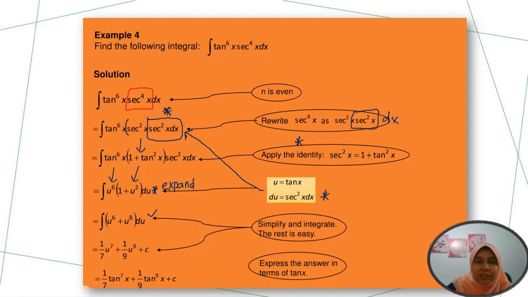Then we can simply integrate this function with respect to u. And after that, for the last answer, you have to substitute back u with tangent x. You have to express the answer in terms of tangent x. Okay, understand?